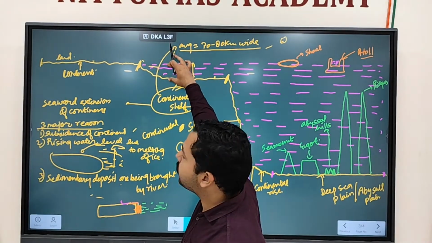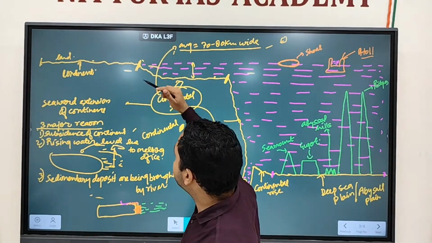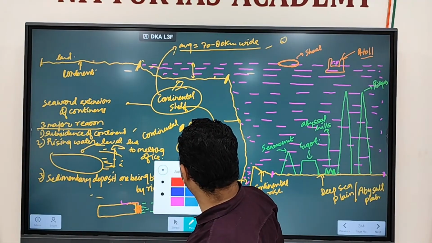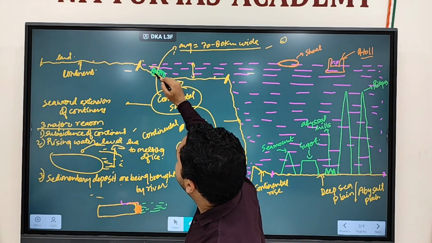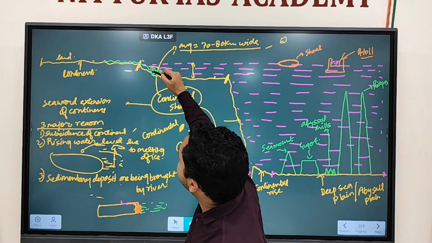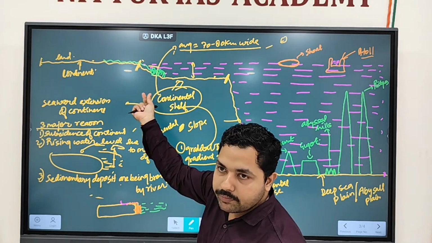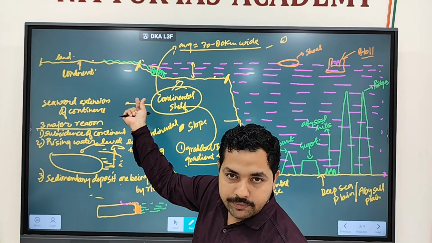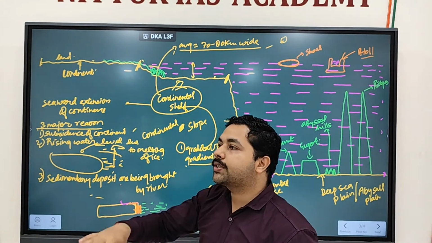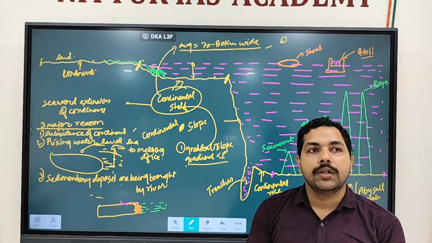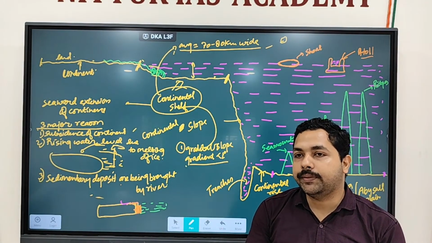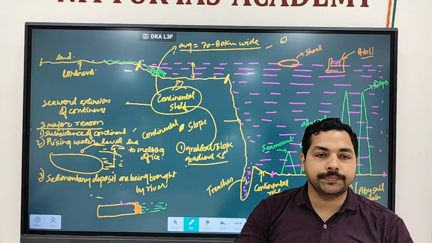They will be joining the continental shelf region. So whatever deposit the rivers are bringing, they are depositing it in the continental shelf region. Clear? Now you know that rivers erode. When rivers move, they erode things. So in the rivers, what can you find?